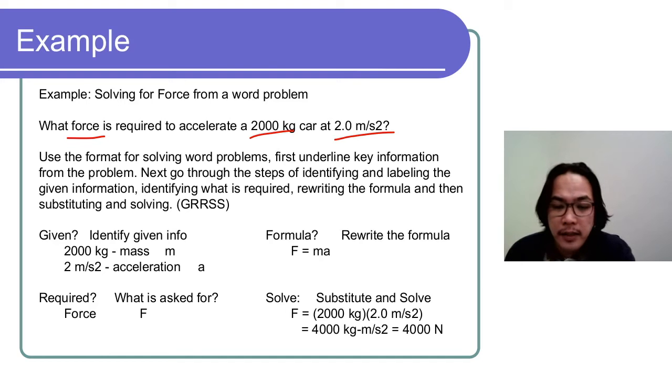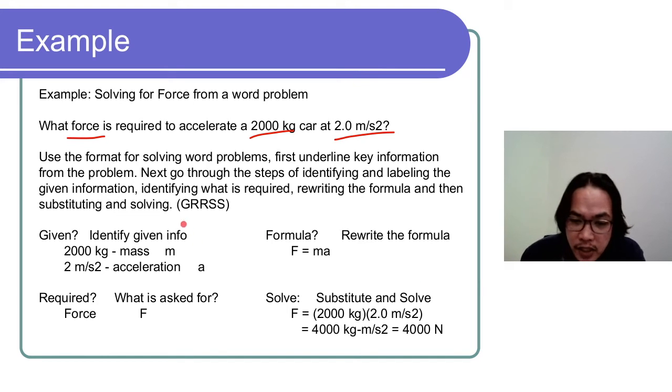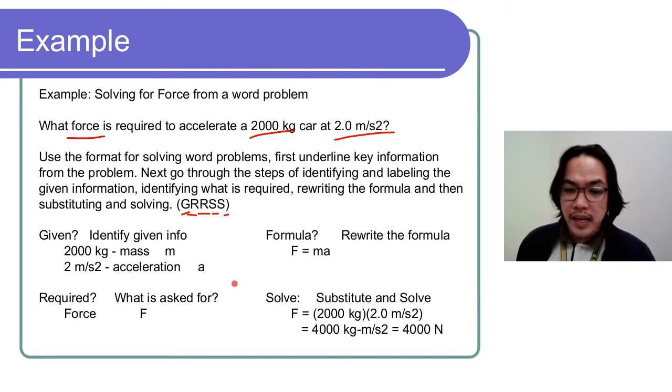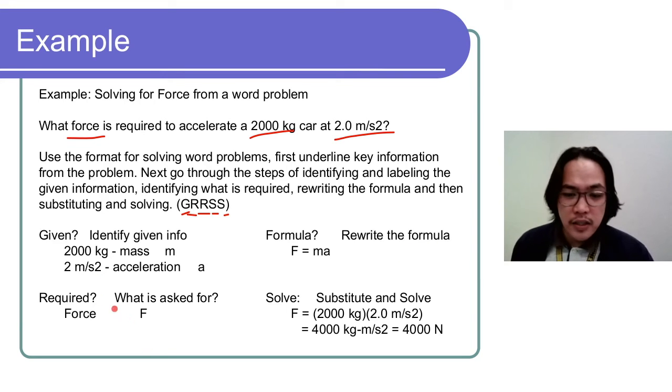Next, you go through the steps. First, identifying and labeling the given information. You have here G for given. So for you to memorize, identifying what is required, R for required, rewrite the formula, that's another R, and then substitute and solve, double S. So you have to fill in the information. Given: 2,000 kilogram for mass, 2 meter per second squared for acceleration.